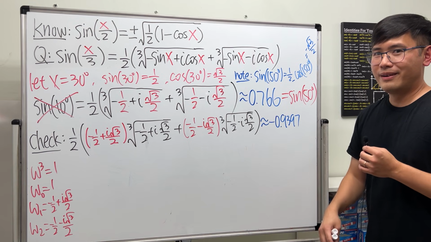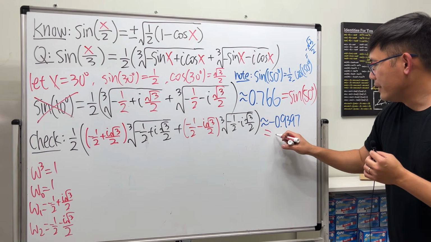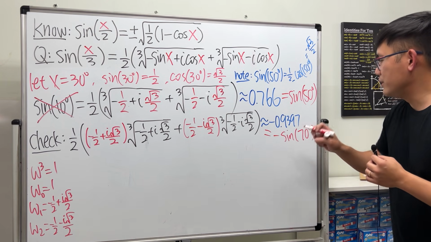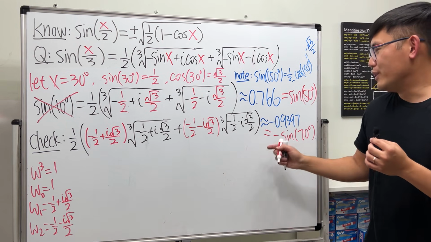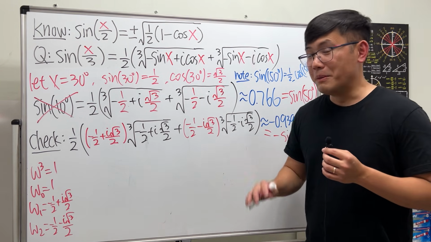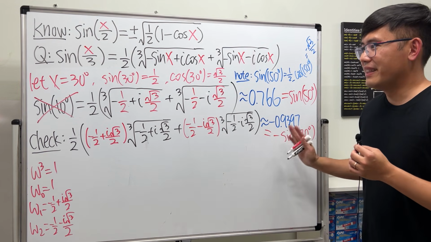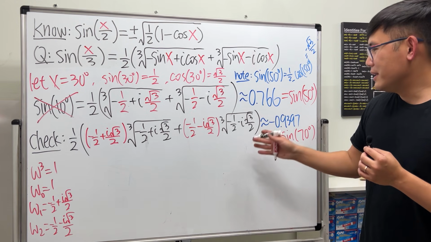Well, in fact, this right here is meant to be equal to negative sine of 70 degrees. And you might be wondering why 70 degrees. I went over this in my previous video many years ago. You can refer to that, but better yet, you can think about it. That's much more interesting. Anyway, this right here is still not going to work.